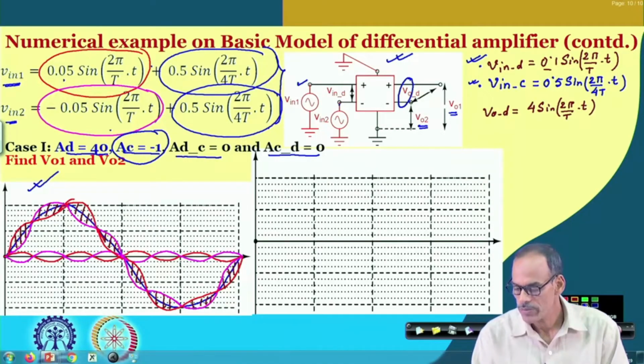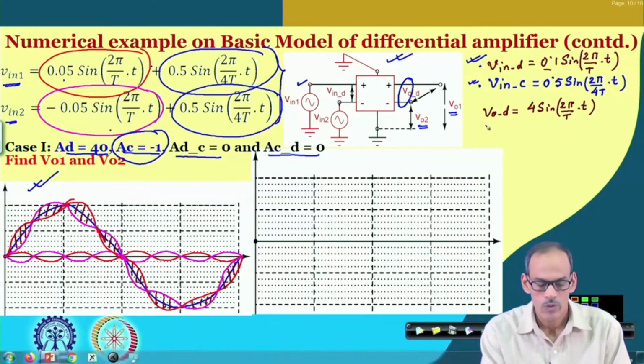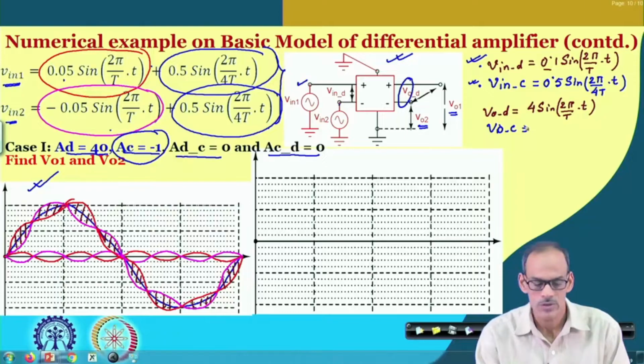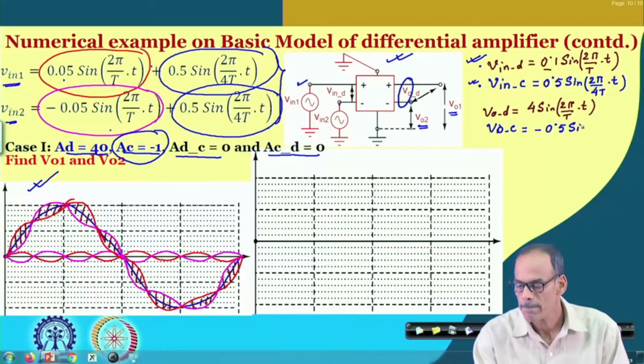The common mode part we need to multiply with -1. So we can see that V in C produces VOC, which is equal to minus 0.5 sin 2 pi divided by 4 T into small t.